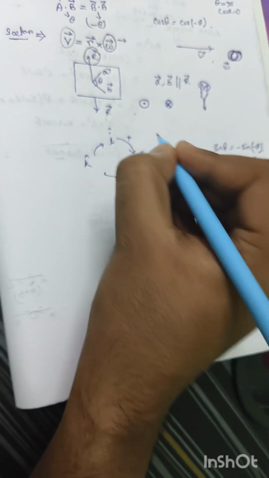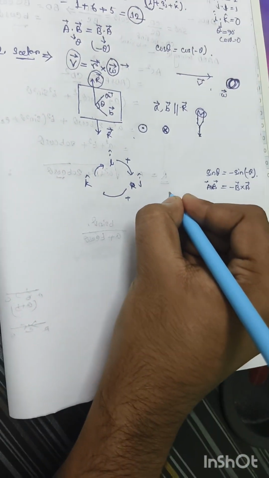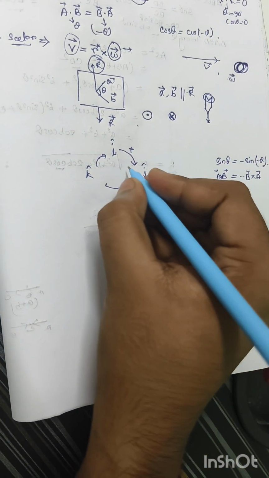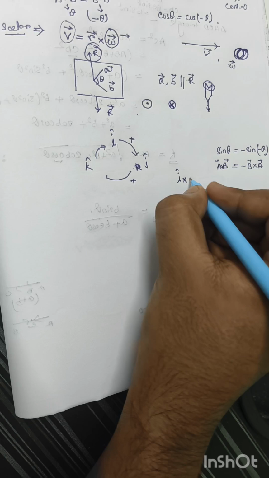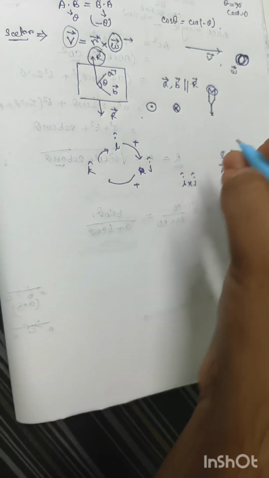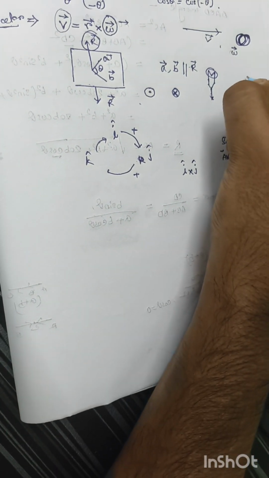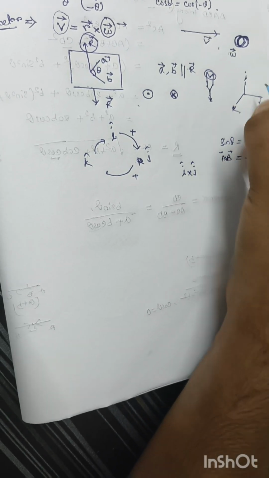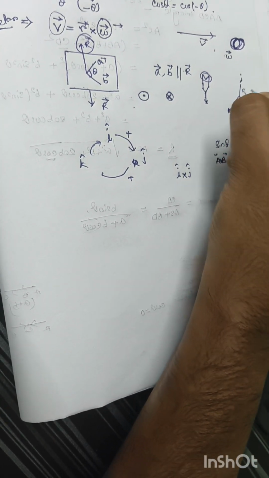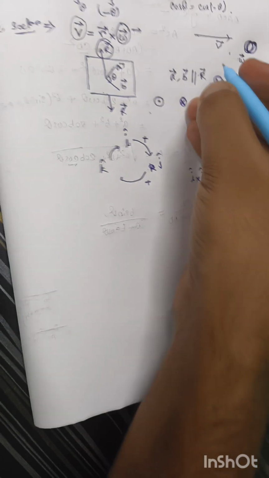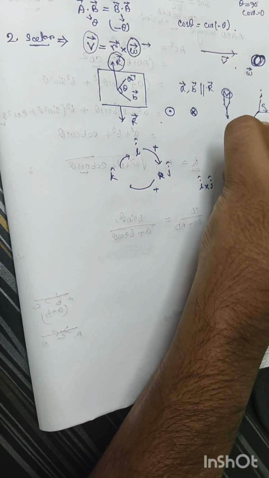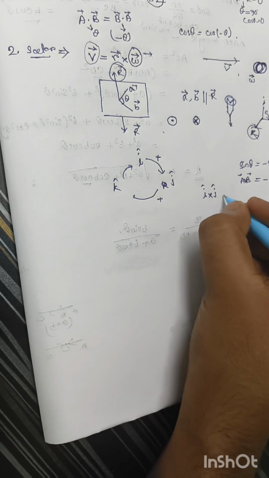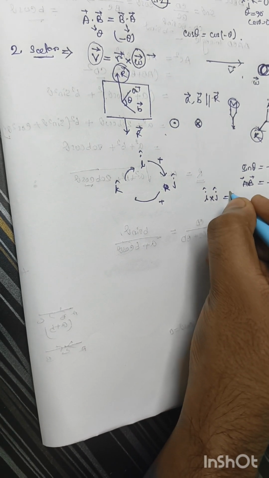For this here is plus, which means i vector cross j vector. For this we know i, j and k, and these two vectors are coplanar, but at 90 degrees to them there is the k vector, so it means k vector.